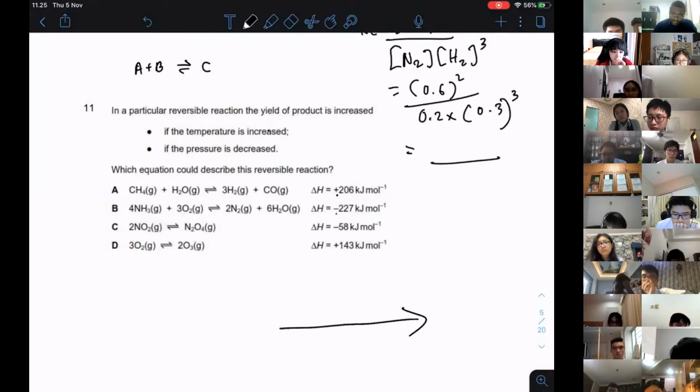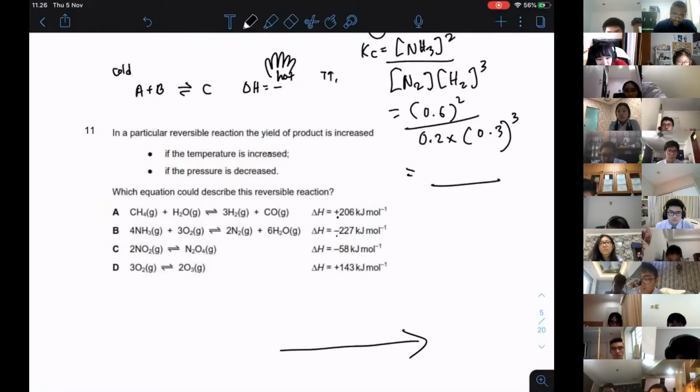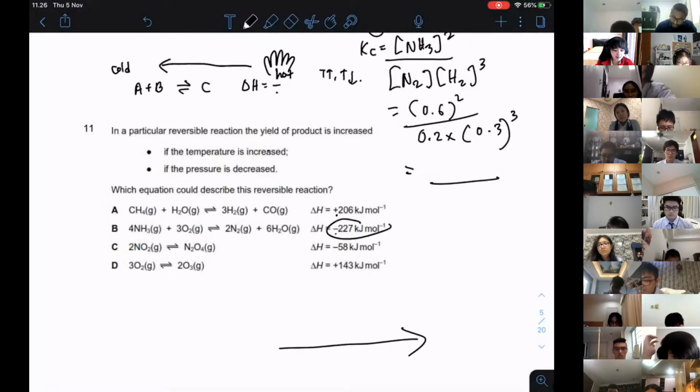You have positive and negative. Let's try with negative, for example. Hot, cold. When temperature is increased, I need to bring down the temperature. How do I bring down the temperature? By moving to the left. But I want it to go to the right. So of course, negative cannot be the answer. Cancel it.